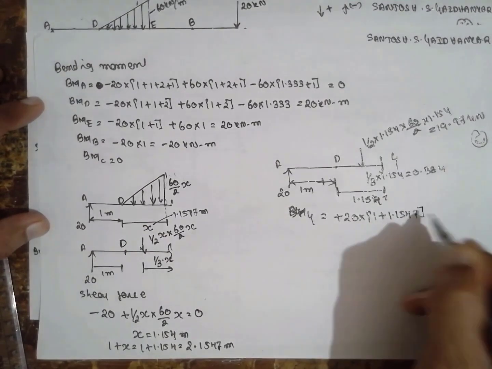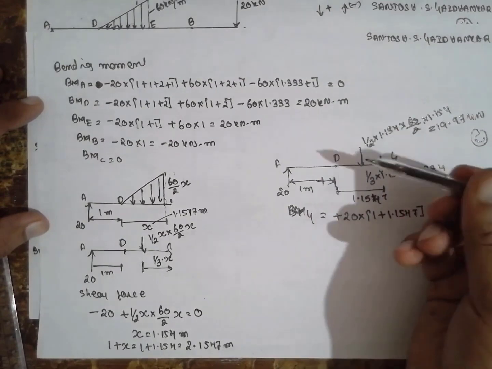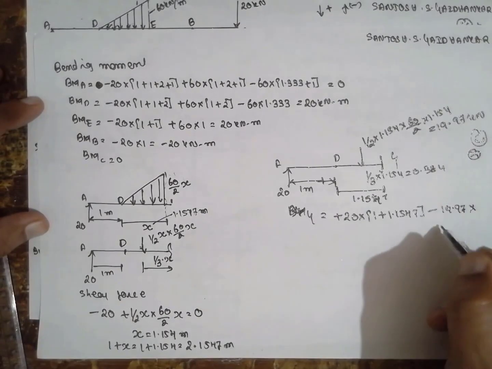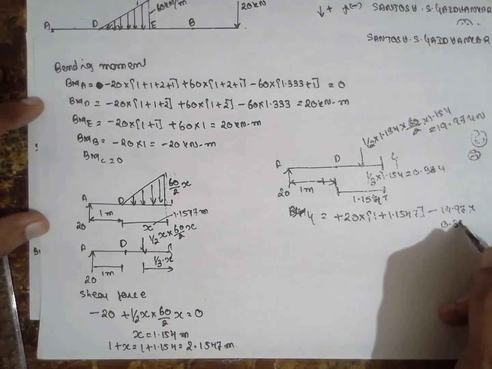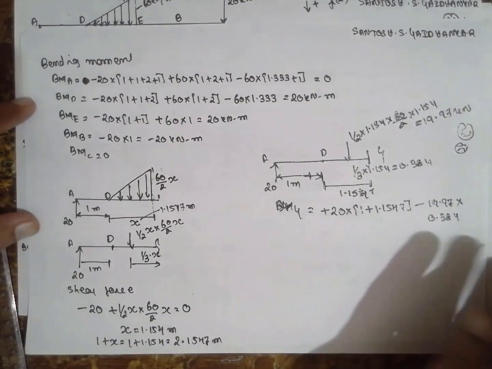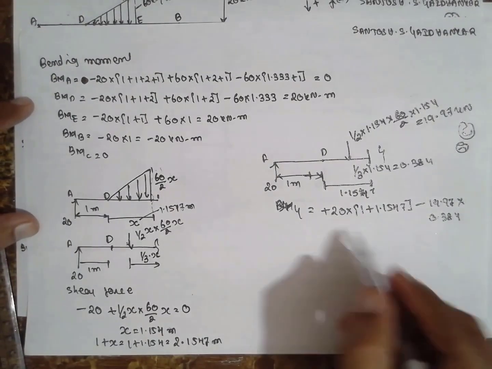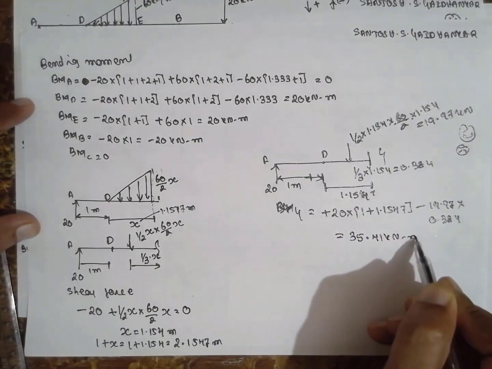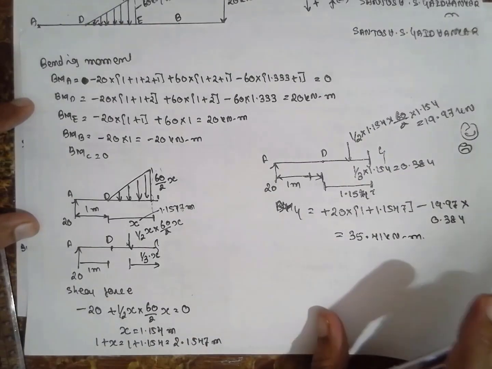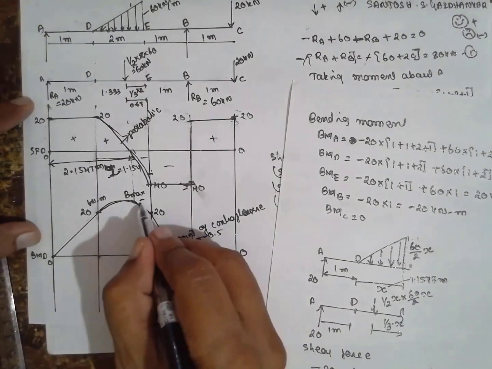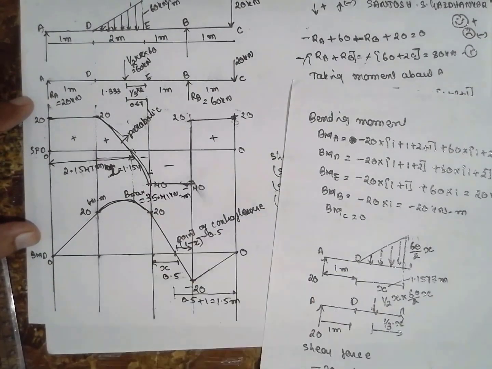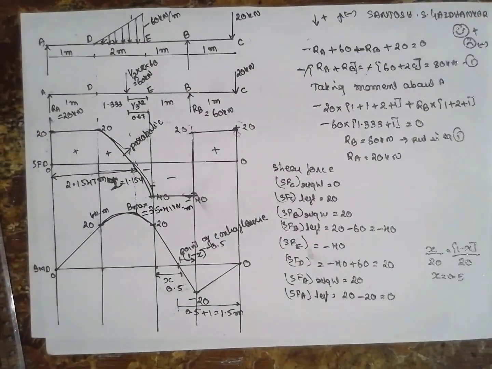Minus, now it is a sad face, minus 19.97 into 0.384. If you calculate, the answer will be 35.41 kilonewton meter. The max value will be 35.41 kilonewton meter. In this way you have to solve the problem.